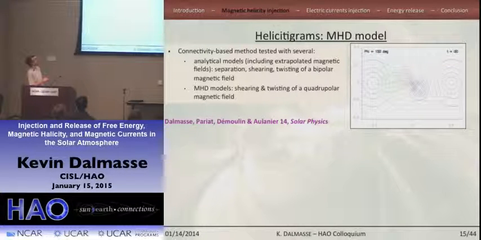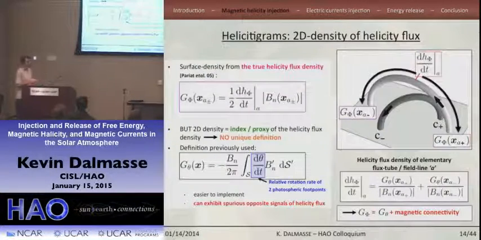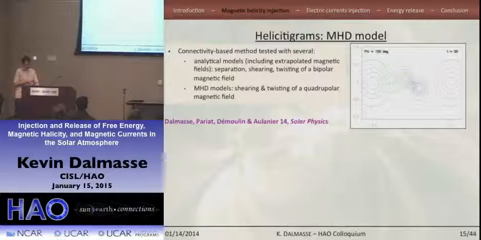So here is an example that we consider. It's an MHD model of a quadrupolar magnetic field, and the magnetic field is initially potential, and we transfer magnetic helicity into this configuration by imposing photospheric translation of this magnetic polarity here.